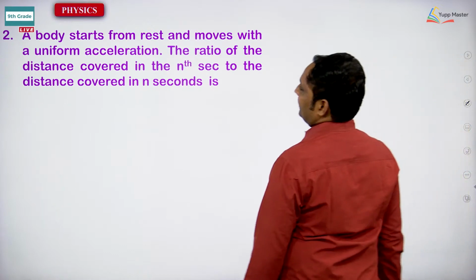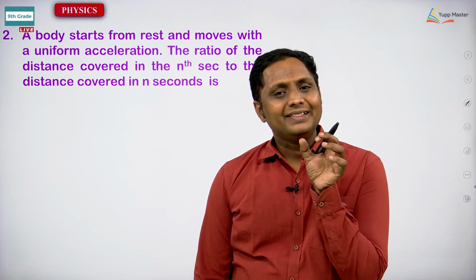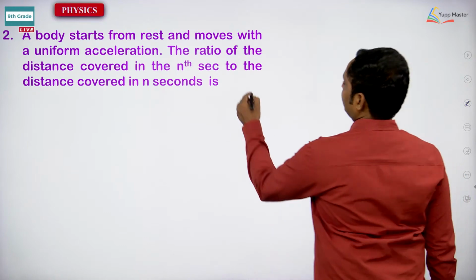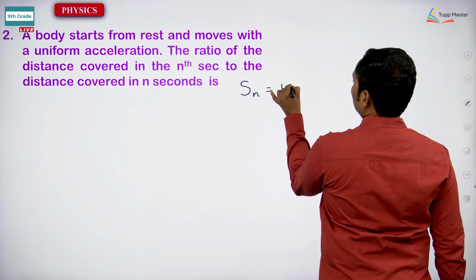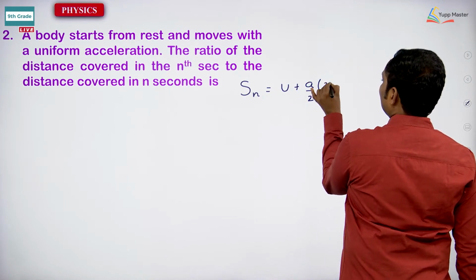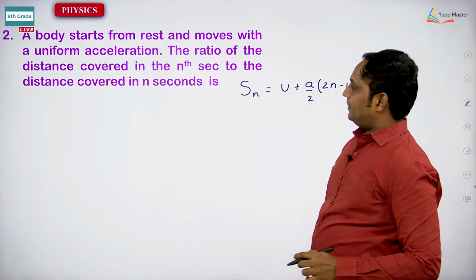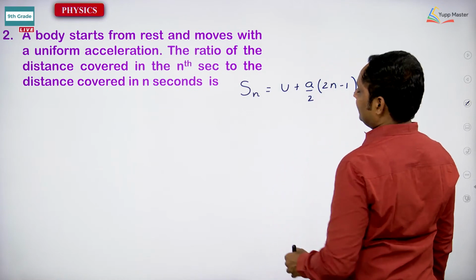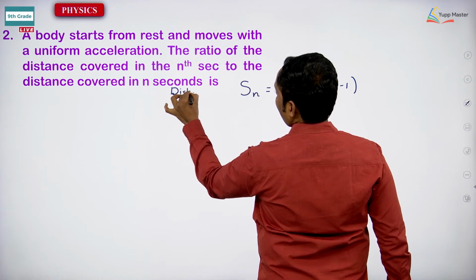In the nth second, the distance covered is going to be identified as Sn is equal to u plus a/2 into 2n minus 1. This is the distance covered in the nth second.